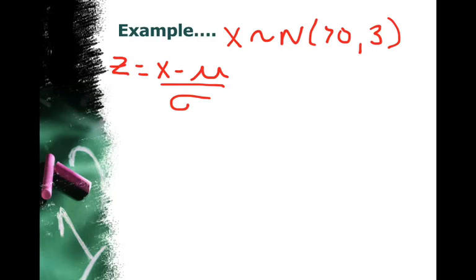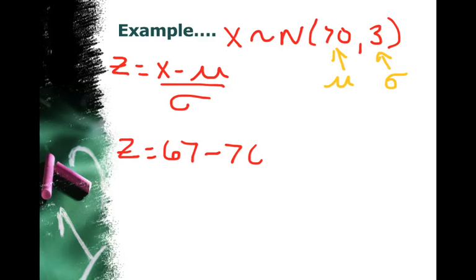You could always make yourself a note: here's your population mean, here's your population standard deviation. Remember, we were looking at x to be 67 inches. So we're going to have z equals 67 minus the population mean 70, divided by the population standard deviation 3.